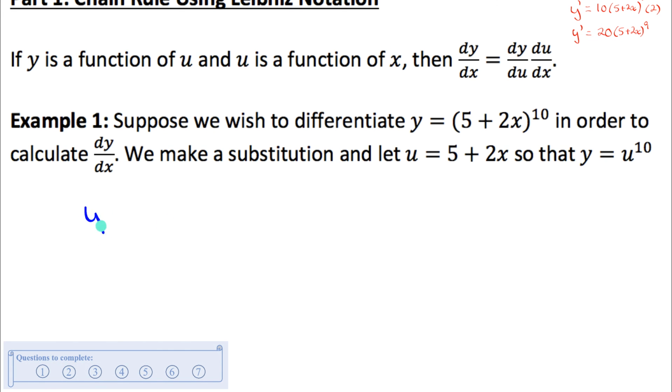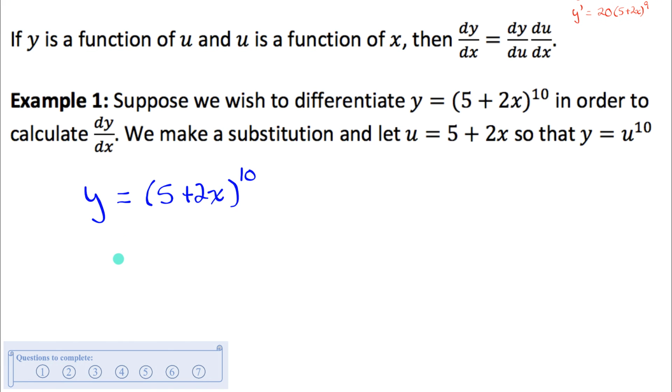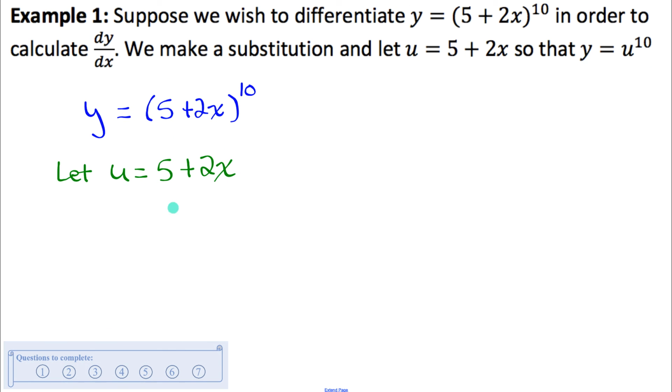The original function was y equals 5 plus 2x to the power of 10. And then the question says, let u equal 5 plus 2x. If that's the case, then our new function would be y equals u to the power of 10.